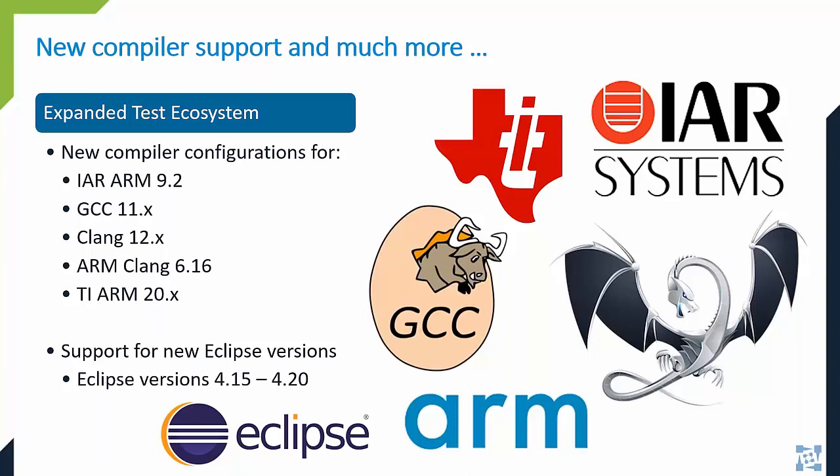Hence, we now support IAR ARM 9.2 compiler, GNU GCC 11, Clang 12 to better cater towards the newer x86 and 64 microarchitectures for Linux. Clang 6.16 for the ARM architecture. This is for Windows and Linux environments. And the TI ARM compiler 20.2 is now fully supported.